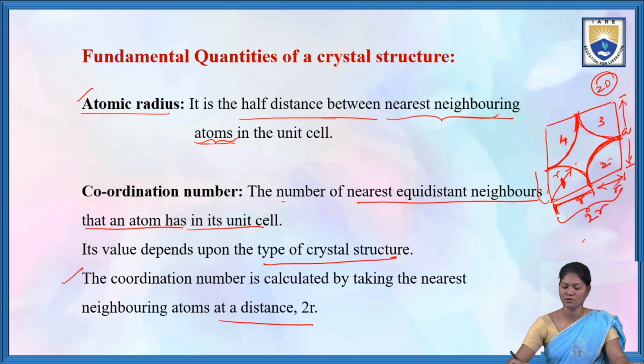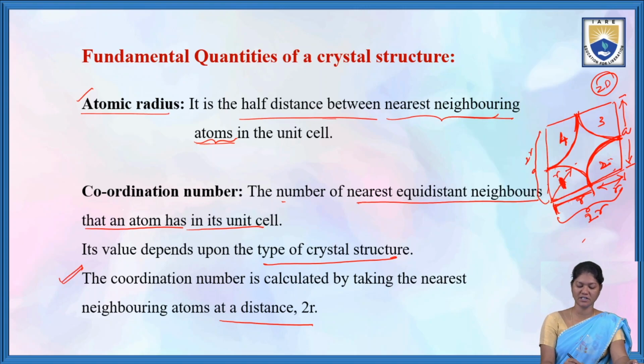This is also 2r distance. For the first atom, the nearest neighboring equidistant atoms are the second and the fourth, because only these two are at 2r distance.